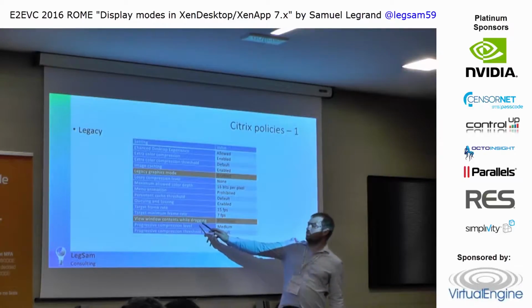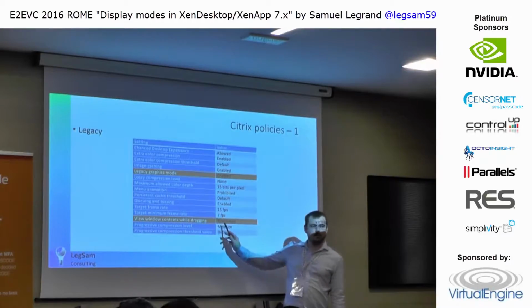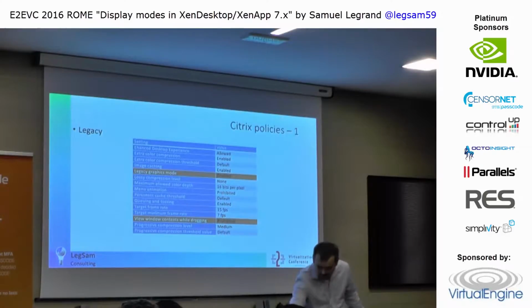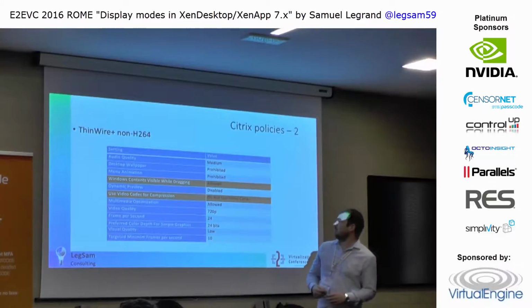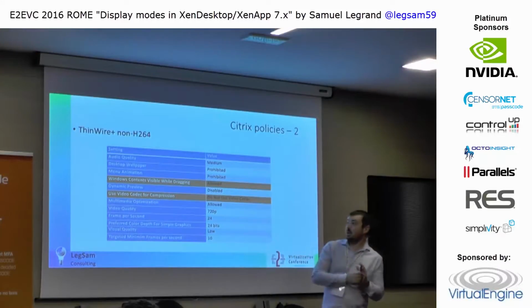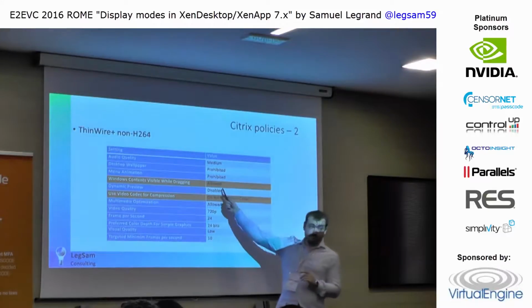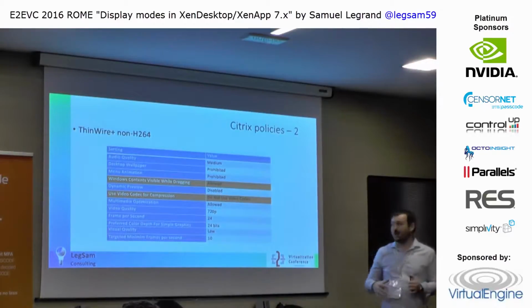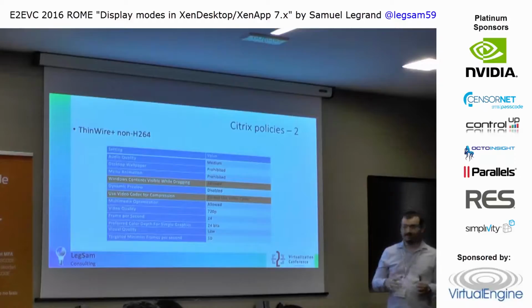So view Windows content while dragging, prohibited. Everyone is okay with that. So if we change here, ThinWire on H.264, allow it. You consume less bandwidth with this configuration.